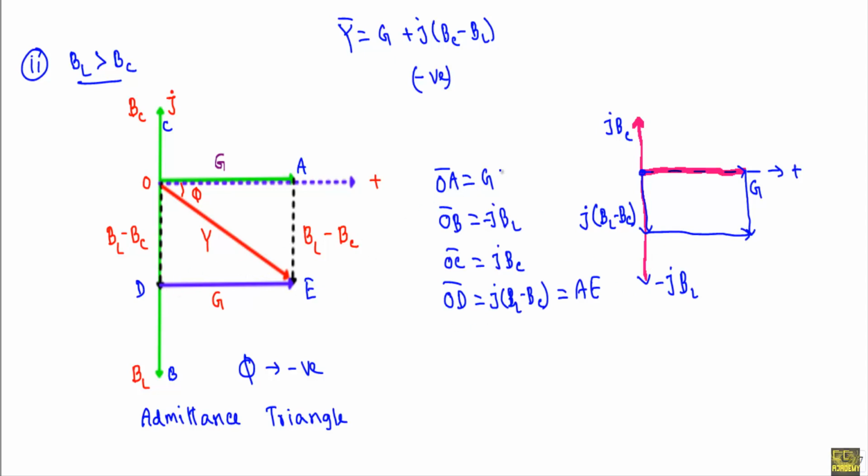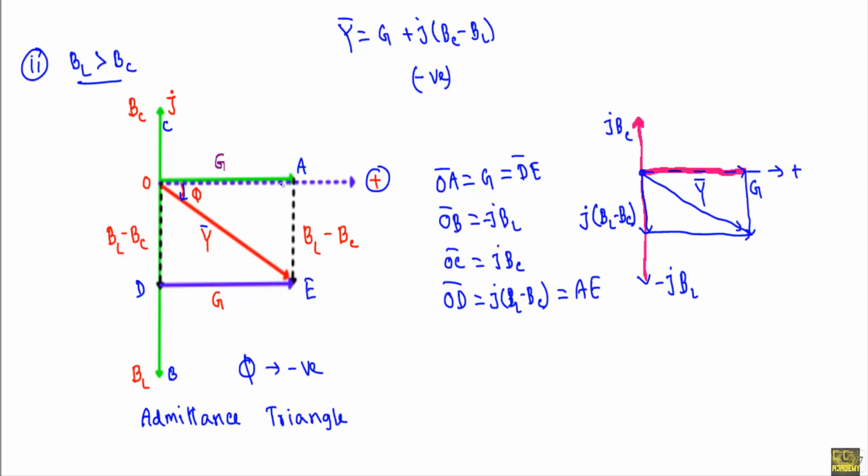DE will be equal to G. Now see, if I draw a diagonal from this point to this point of this parallelogram, I will get the total admittance Y. Okay, so from the neat sketch you will see the angle between this real axis and the admittance will be negative, because we have to move in the clockwise direction. Okay, so phi is negative.